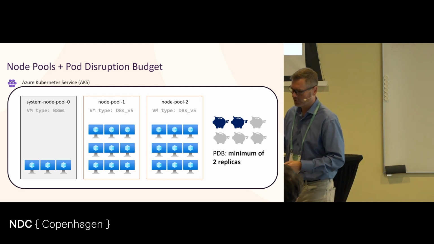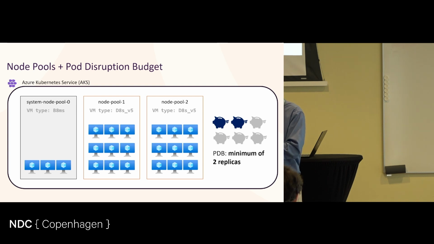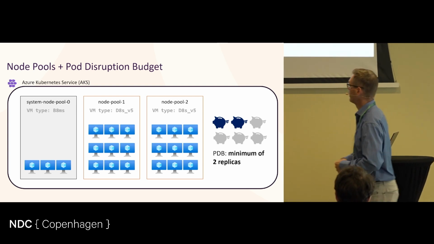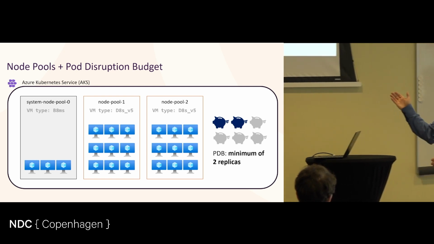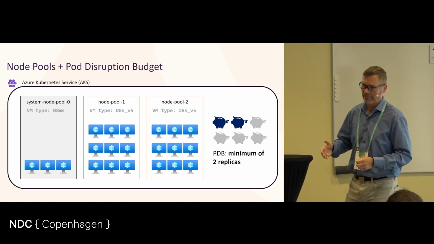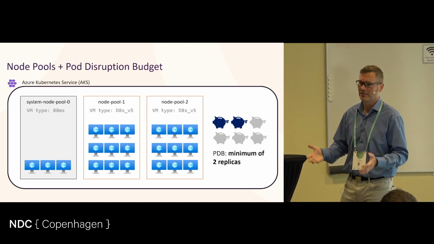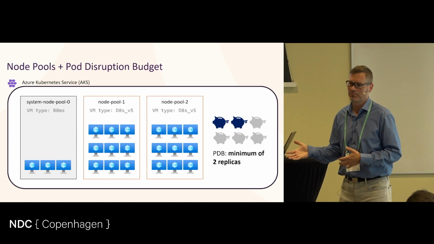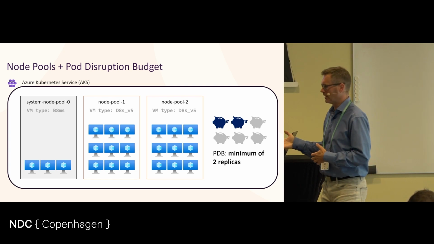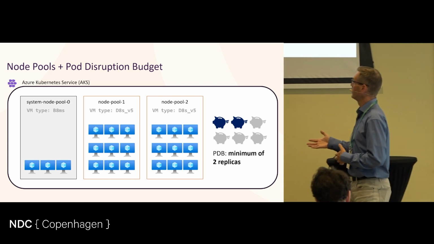You always make sure that the minimum number of applications is still running. And we experienced this once, that we made an upgrade and it failed, but luckily the pod disruption budget saved us at this point. So this was not really a problem.